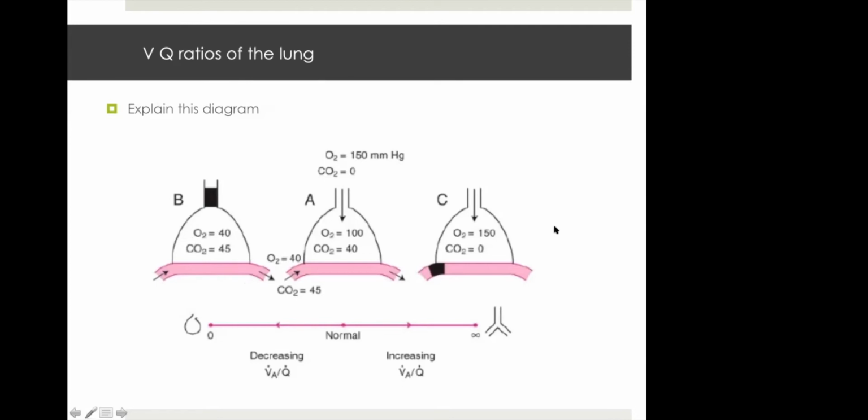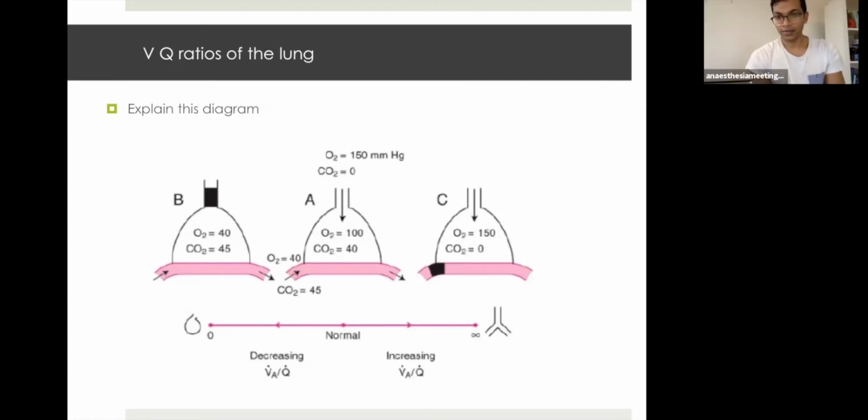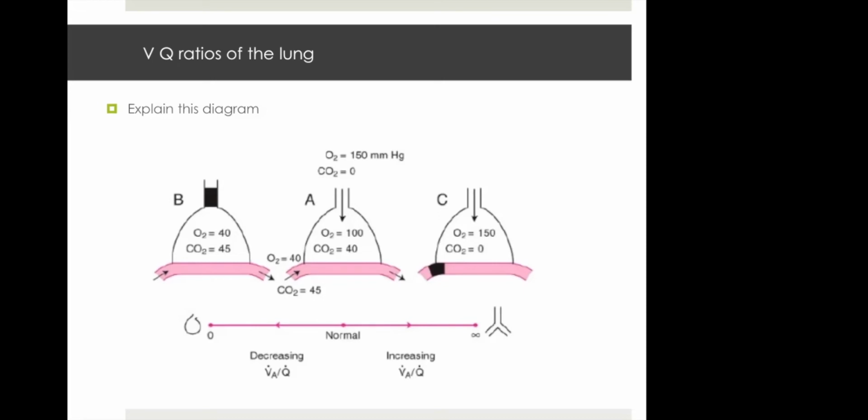How about C? What do you notice about that? So in C, it would be the same as the inspired flow. Sorry, I'm just trying to think about this. I want to say FiO2, but it's not the FiO2 because it's a different unit.